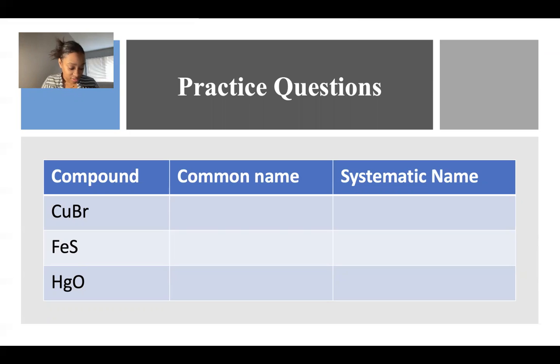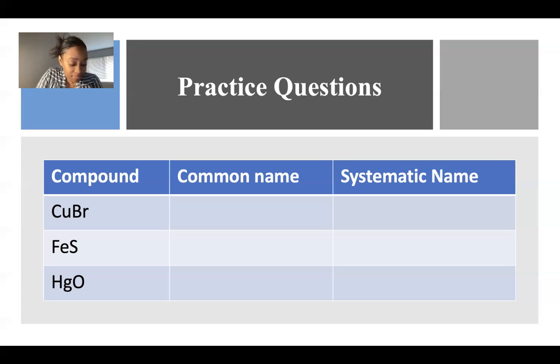Okay, so the common name is just copper bromide, right? And then the systematic name, copper 2 bromide.